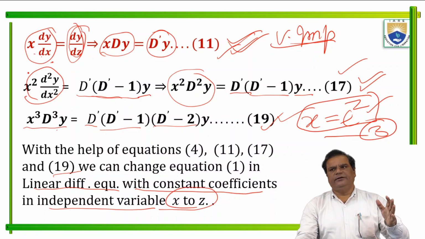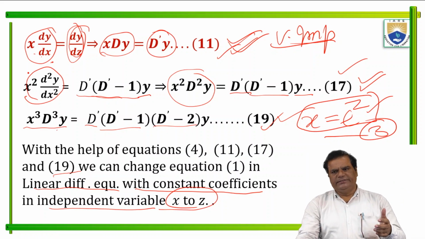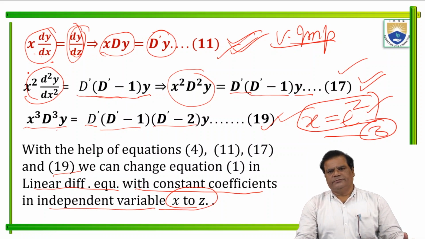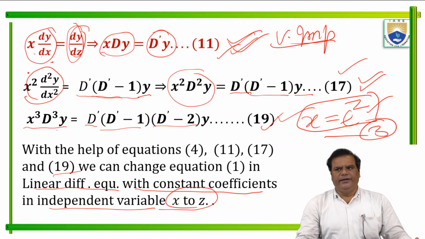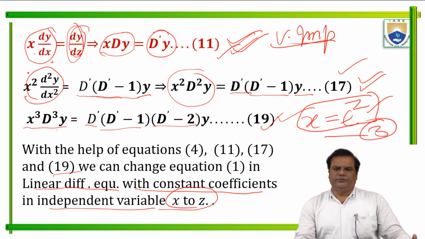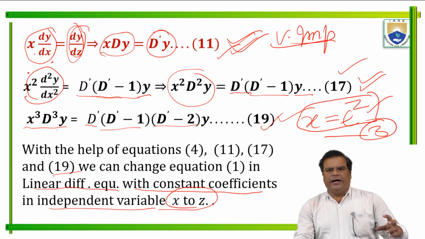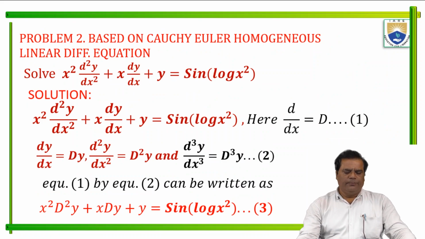In our question, the variable given is x and we want to change the variable x to z. Then the converted equation is known as a linear differential equation with constant coefficients. So here I want to solve one problem based on this topic. Here is problem 2.